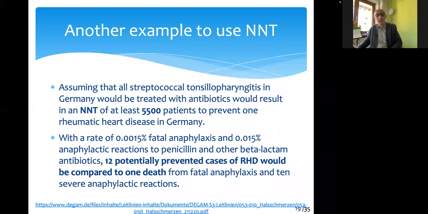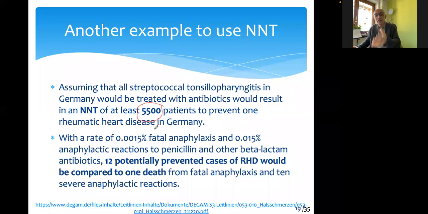But here is another example from Germany. In a German national guideline, the NNT for preventing rheumatic heart disease in people with sore throat due to streptococcal pharyngitis, tonsillopharyngitis, is 5,500. So you must treat 5,500 people with antibiotics to prevent 1 rheumatic heart disease.